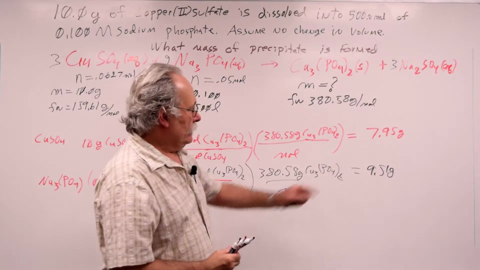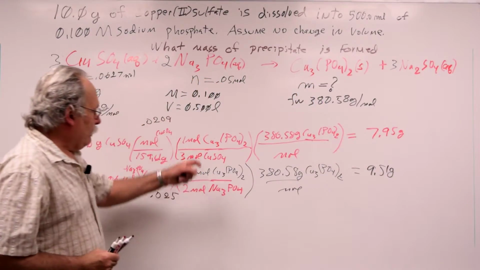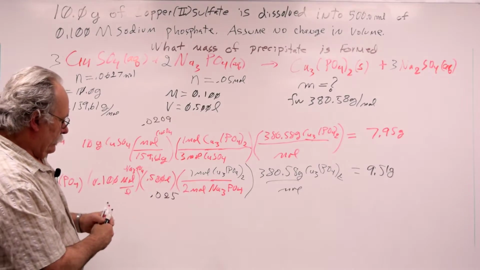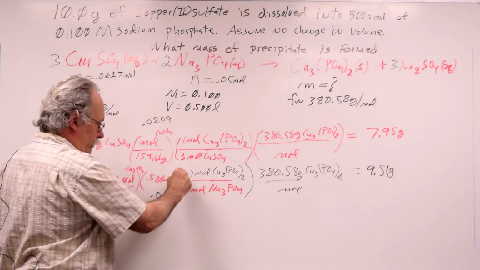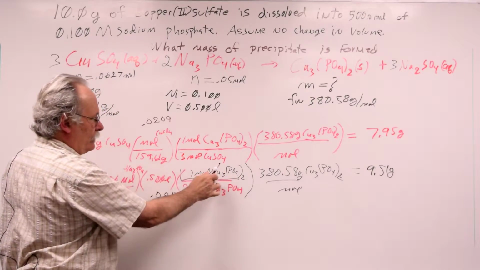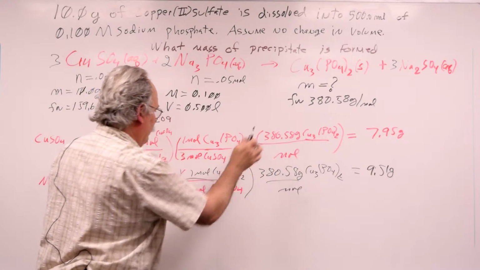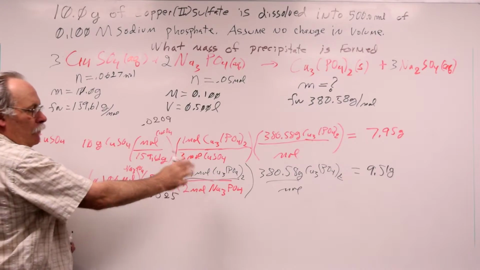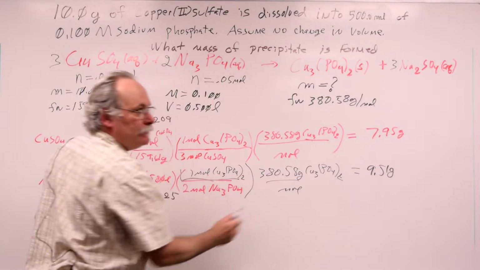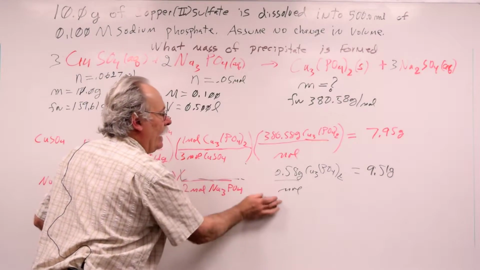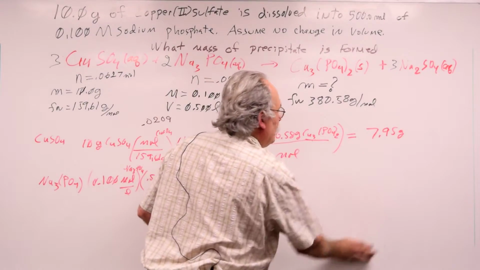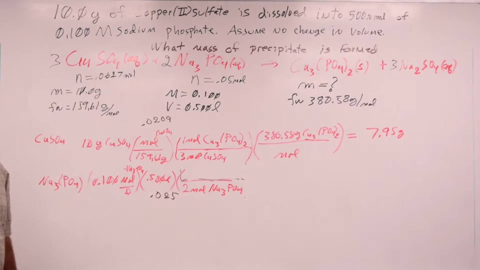Now, clearly this is the limiting reagent, but I multiplied at this point both sides by the same thing, so there was no reason to waste my time doing this, okay? And I simply would not have done that because I knew at this point in the equation.